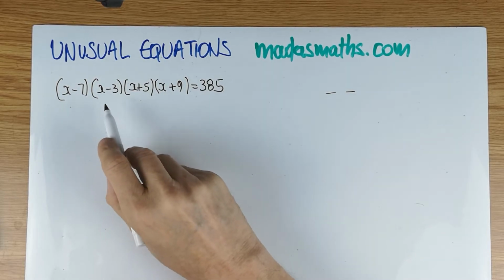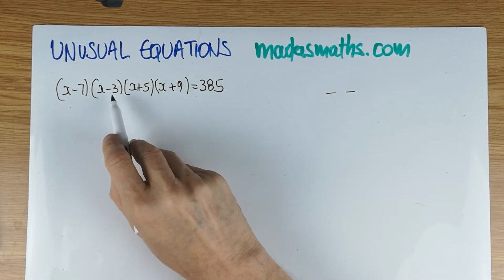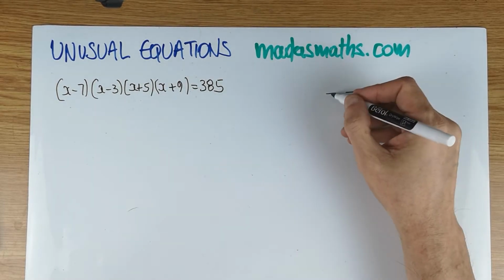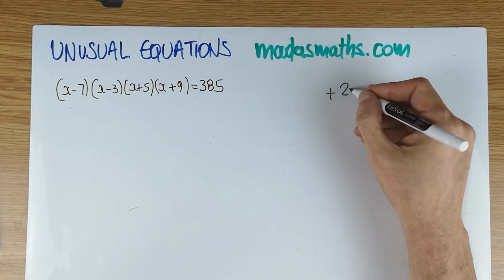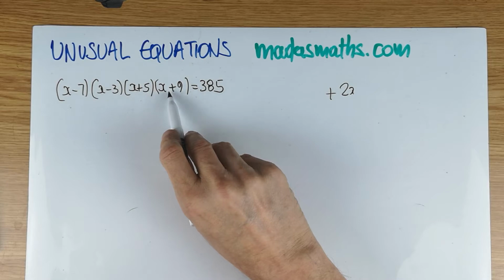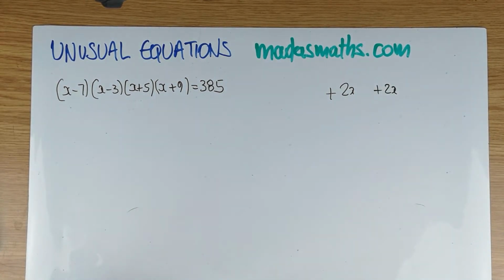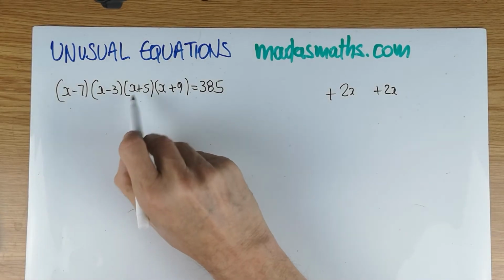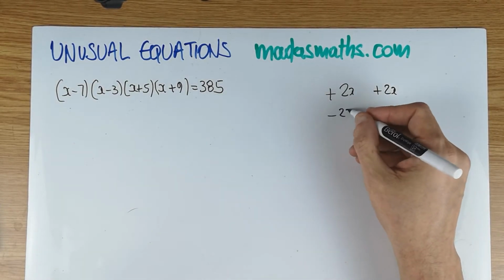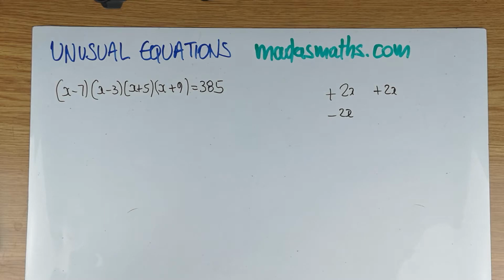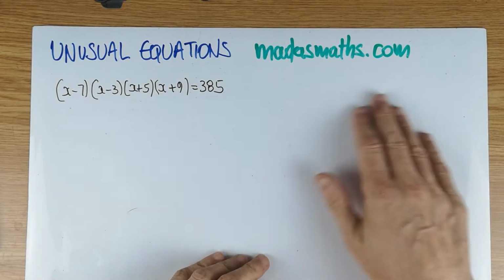But if there's a plus with a minus, for example the 3 with the 5, it'll give you a plus 2x in the middle term. If you do the x plus 9 with the x minus 7, again it's going to give a plus 2x, and so on. If you do the x minus 7 with the x plus 5, it's going to give you a minus 2x, and so on. So it's things like that we need to observe in this particular question.